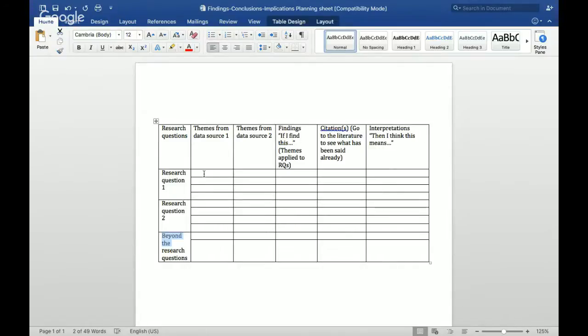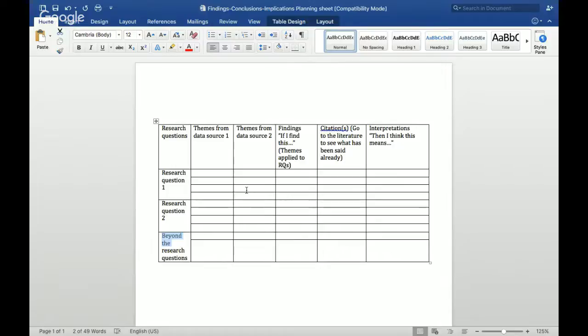If you had, let's say, a survey, you may have done content analysis a little differently, so you may not have called what you came up with themes, but you still should have some big ideas or patterns that you saw in your data. And over here, themes from data source 2: put in your themes, your big ideas, from data source 2.